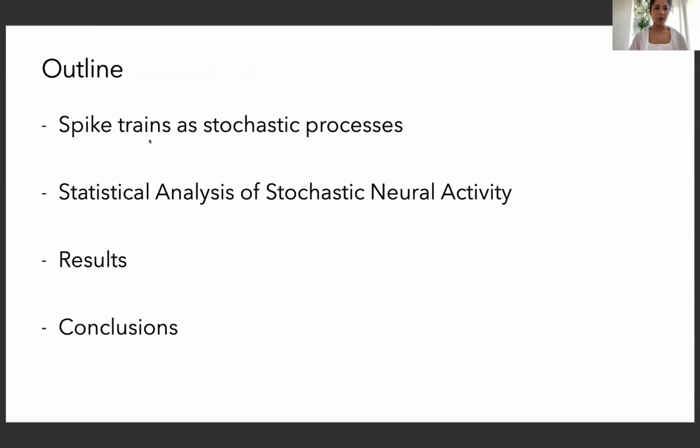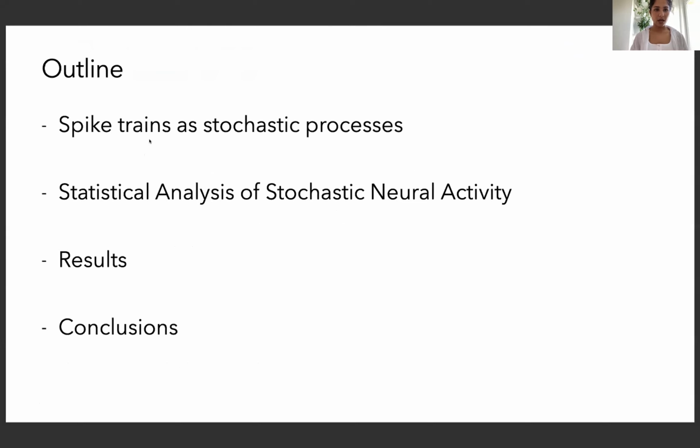First, I'll talk about spike trains as stochastic processes. Then I'm going to talk about the statistical analysis of stochastic neural activity. And here I'll introduce the concept of instantaneous rate. And then I'm going to talk about the statistical dispersion measures that we're going to use for our analysis.